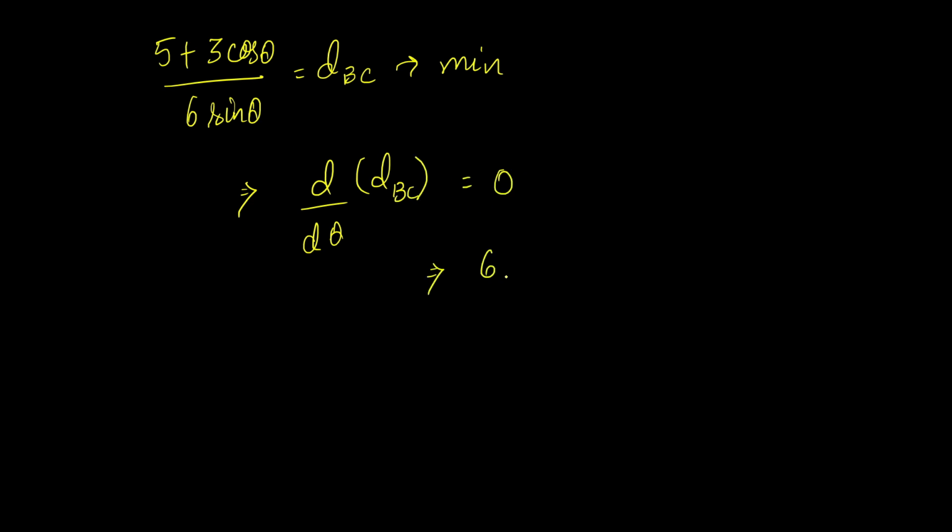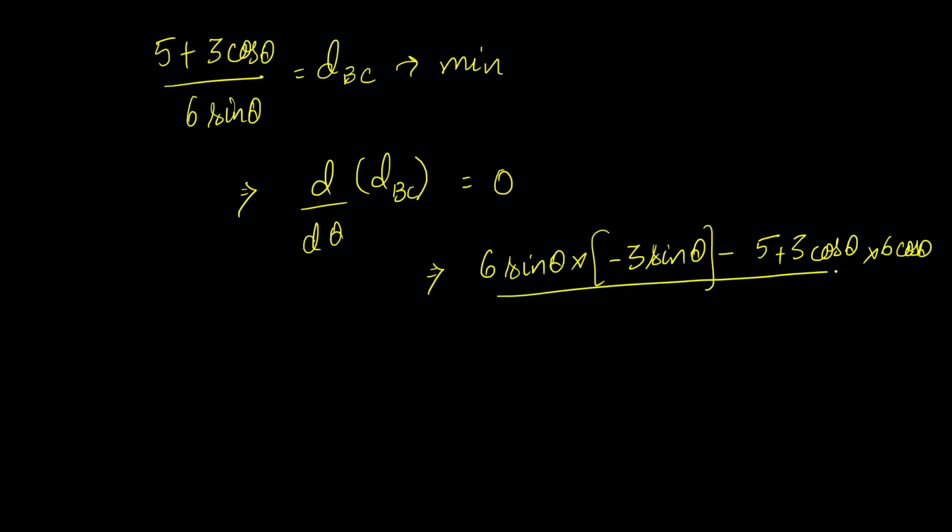That will be 6 sine theta multiplied by the derivative of 5, which is 0, and minus (5 plus 3 cos theta) multiplied by the derivative of 6 sine theta, that is 6 cos theta, since the differentiation of sine theta is cos theta, upon (6 sine theta) whole square. That must be equated to 0.